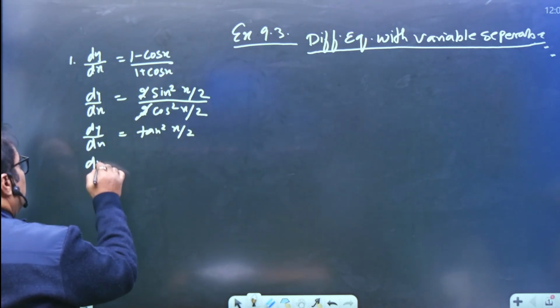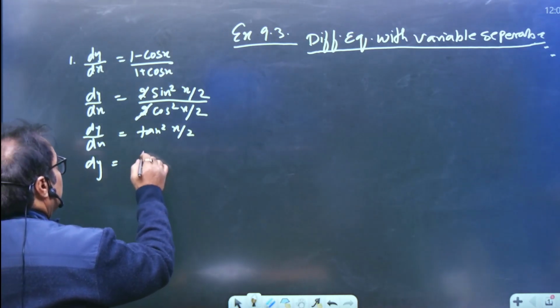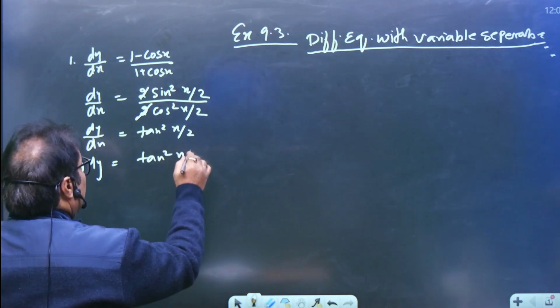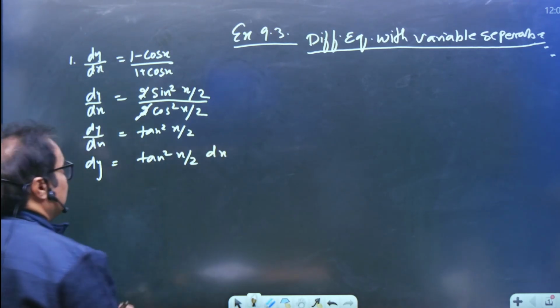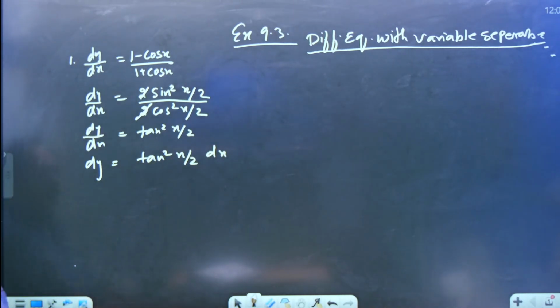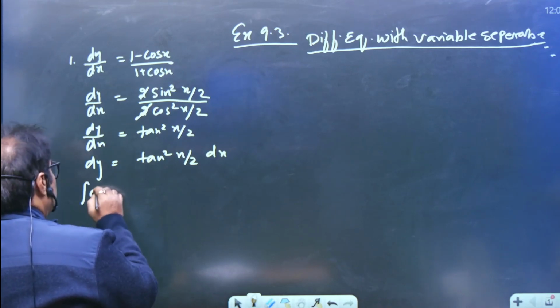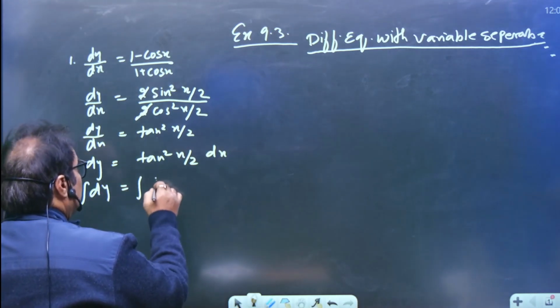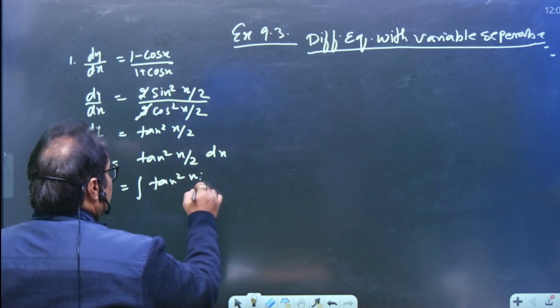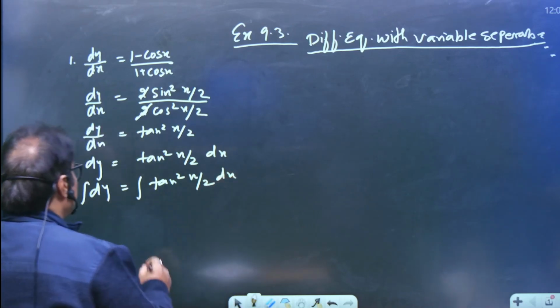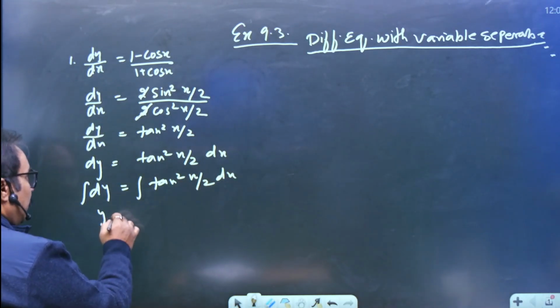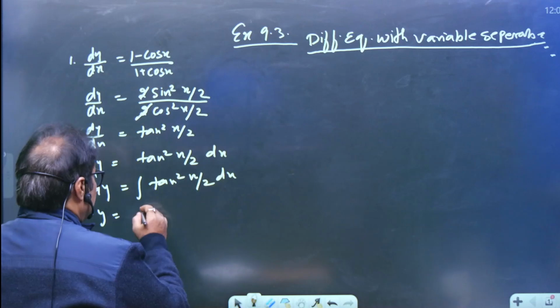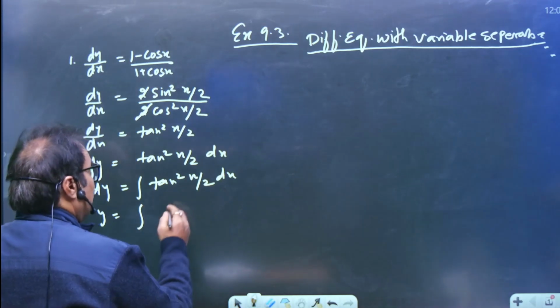and now apply the variable separable. So dy is equals to tan square x by 2 into dx and now integrating on both the sides. So integration of dy is equals to integration of tan square x by 2 dx. So integration of dy is equals to y and tan square means there is no direct integration of tan square x by 2.